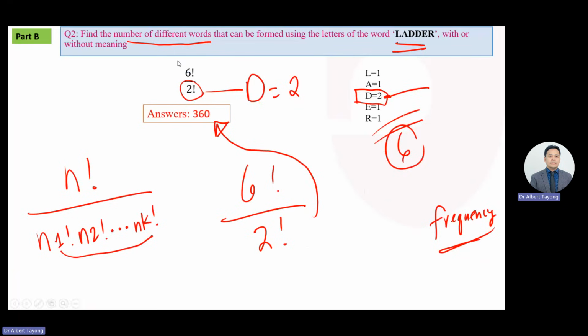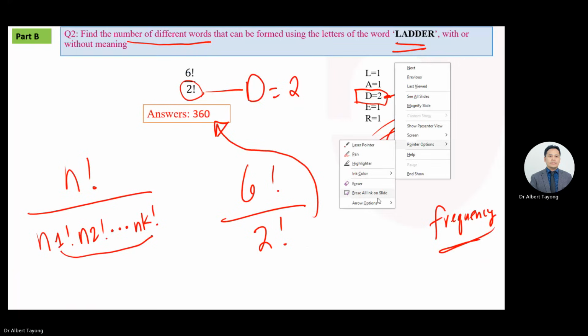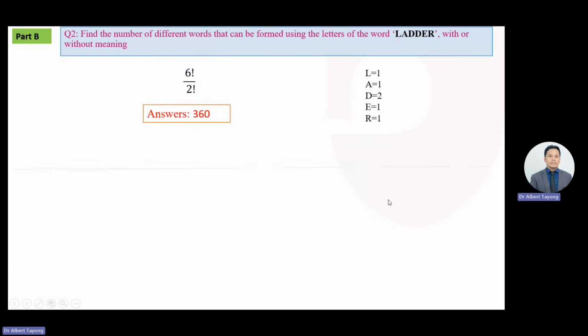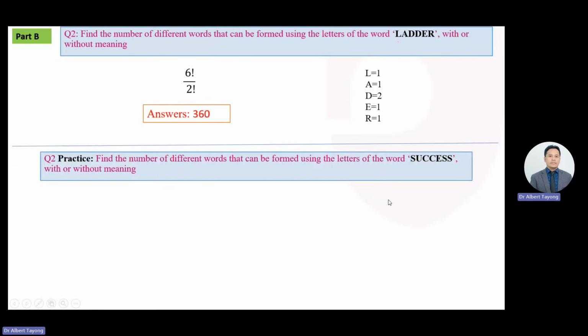Okay, so I guess this one is very, very simple. Let's try another example here. The word is success. As you can see, S is repeated 3 times and C 2 times. So there are 2 letters having more than one frequency.